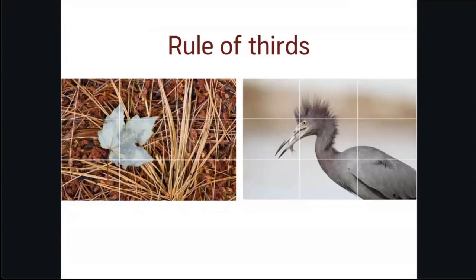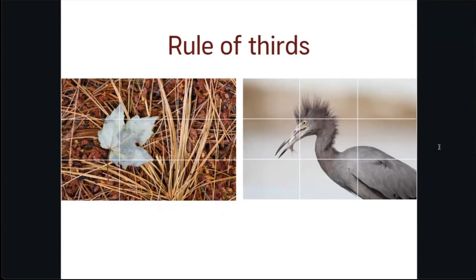The rule of thirds is a rule of thumb for composing visual images. An image should be imagined as divided into 9 equal parts by 2 equally spaced horizontal lines and 2 equally spaced vertical lines. The important compositional elements should be placed along the intersections of these lines.